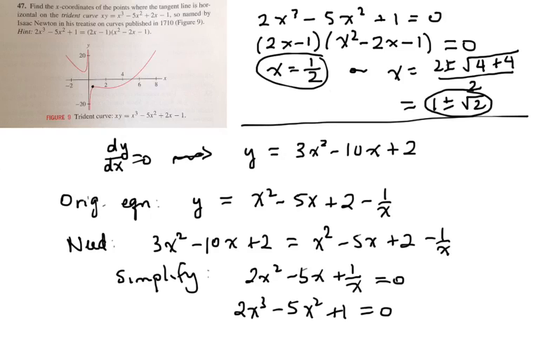Here's another point where the tangent line is horizontal. That must be 1 minus the square root of 2, which would be about negative 0.4. And I think here's the last point where the tangent line is horizontal, and that looks like it's 1 plus the square root of 2. So that was a good check. It seems like we got the right answer.